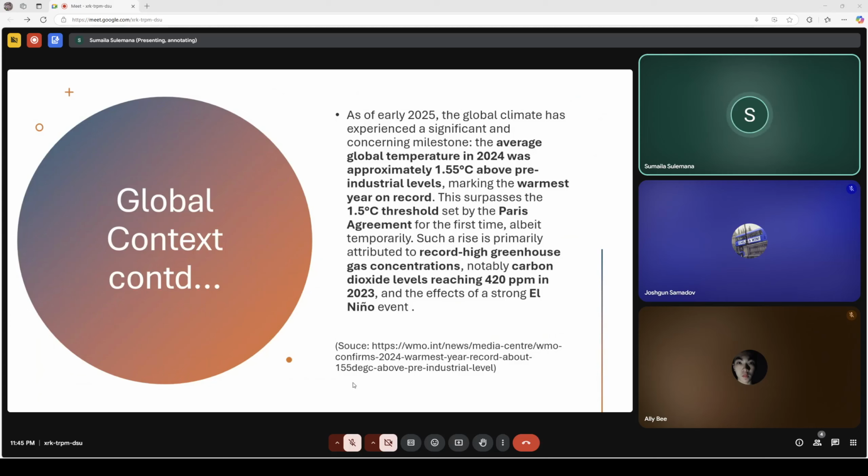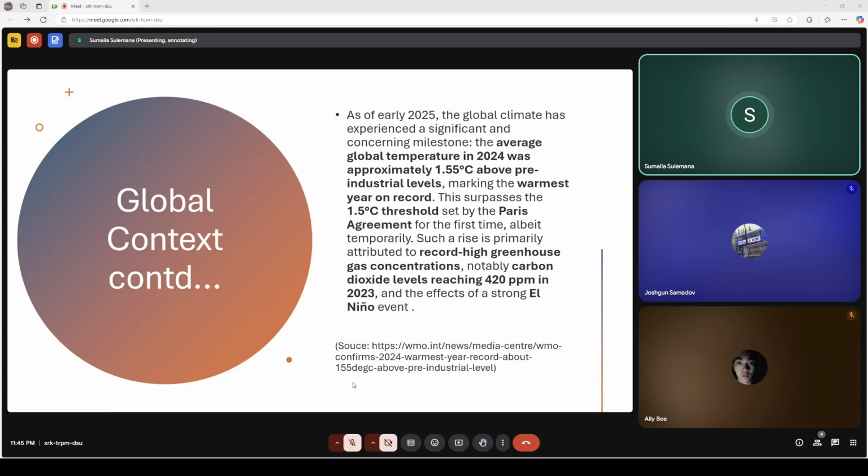As of early 2025, we realized there has been a significant milestone of concern. The average global temperature in 2024, just this past year, was approximately 1.55 degrees above pre-industrial levels, making it one of the warmest years on record.